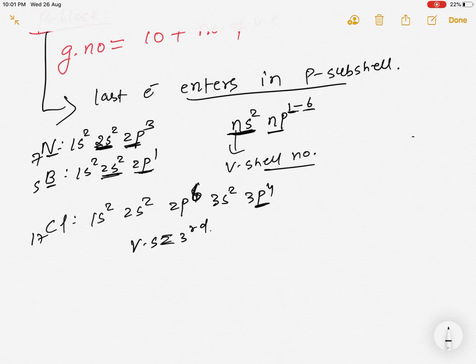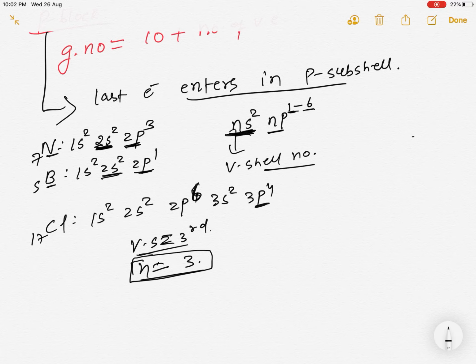Now, the valence shell is the third shell. So the value of n is 3. What is the n over here? I am taking n as the value of the principal quantum number, but in this case, more specifically, we are taking n as the highest value of the principal quantum number, or valence shell number. N is 3 over here.